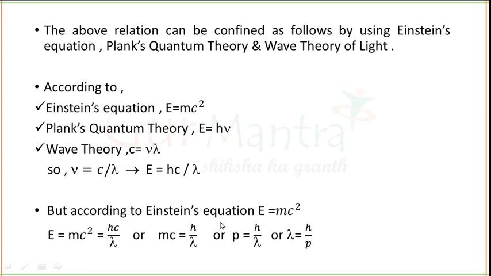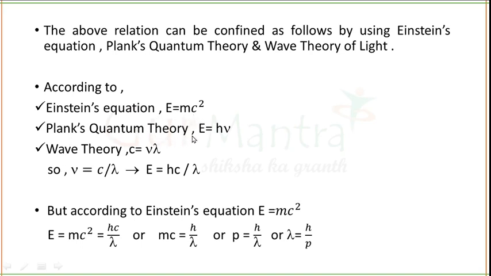The above relation can be derived as follows by using Einstein's equation, Planck's quantum theory and the wave theory of light. According to Einstein's equation, you know total energy is equal to the product of mass and the square of the speed of light.